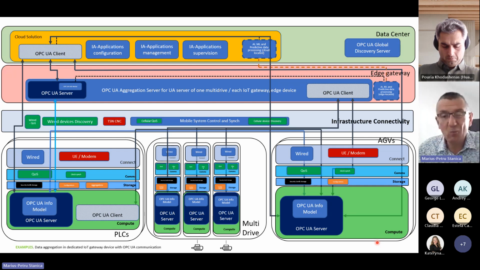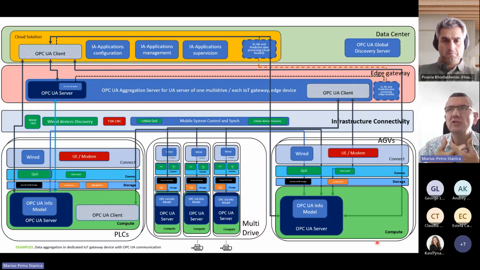The AGV movement, the automatic guided vehicle movement, is steered by a PLC. There are also drives there controlling the wheels and how it moves. In the AGV, there are also capabilities to avoid obstacles, to do localization, and so forth.